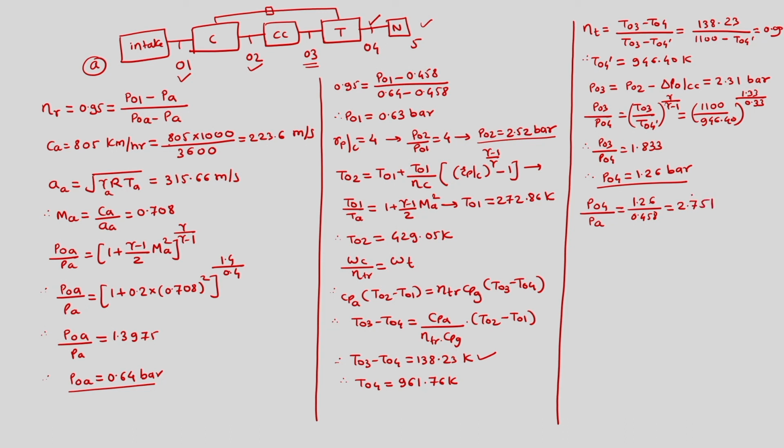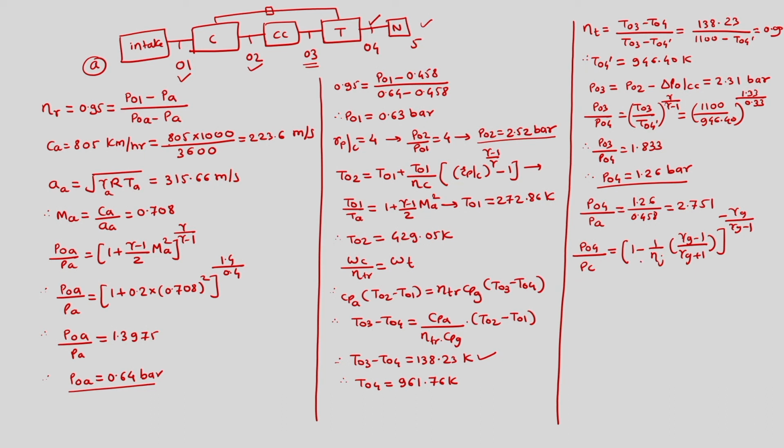Knowing this pressure ratio, we can compare it with the choking condition. The choking condition pressure ratio says that P04 upon Pc is equal to 1 minus 1 upon nozzle efficiency into gamma gas minus 1 upon gamma gas plus 1, bracket raised to minus gamma gas upon gamma gas minus 1.